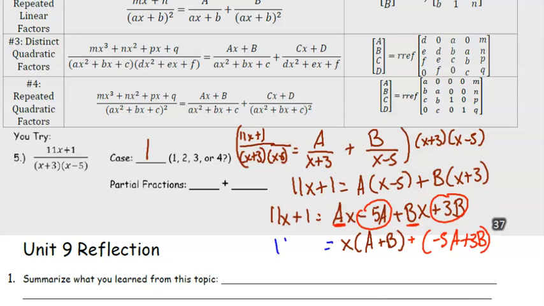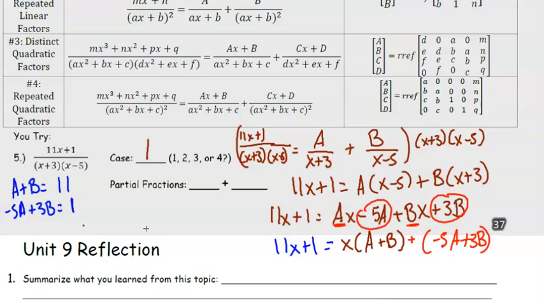And that all equals 11x plus 1. So we're going to set up our system. We have a plus b equals the coefficient of x, which is 11. And then we have negative 5a plus 3b equals our constant, which is 1.